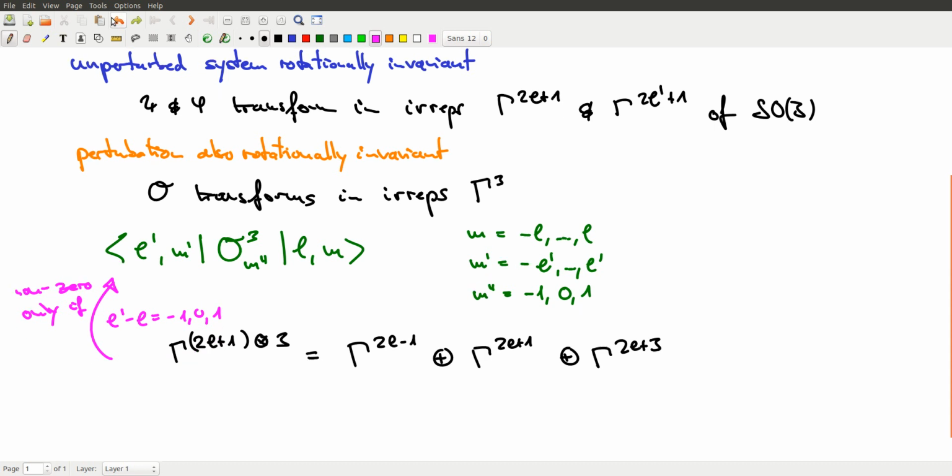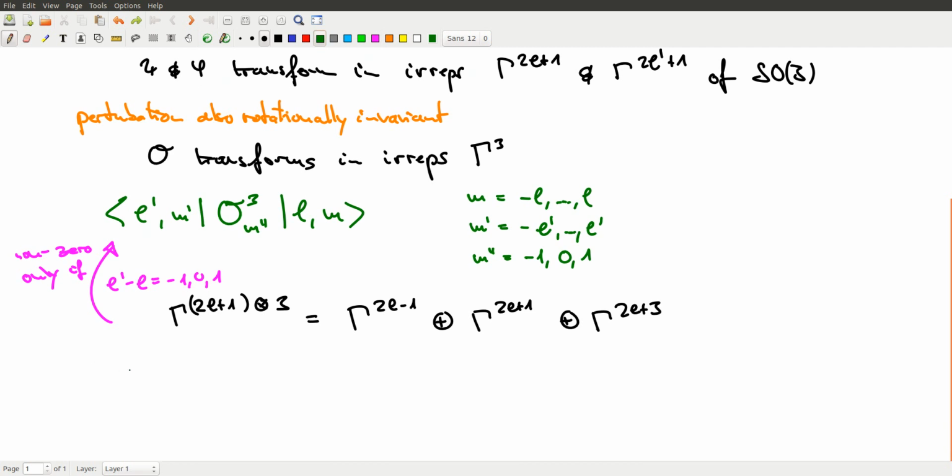And now in this case where it is non-zero, the Wigner-Eckart theorem tells us a little more.